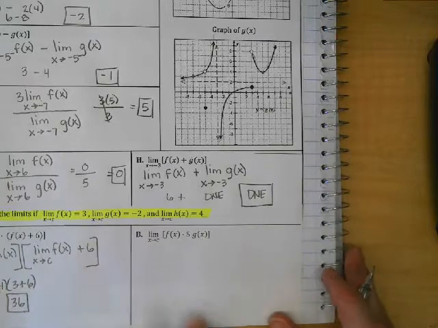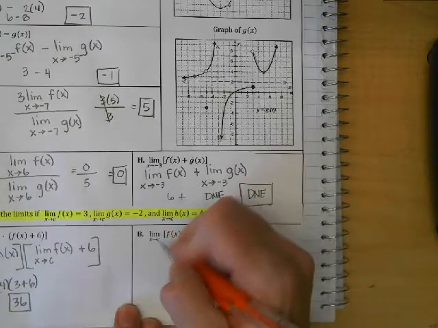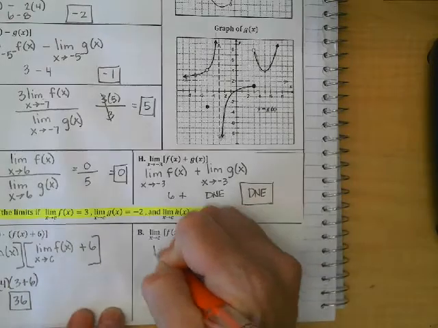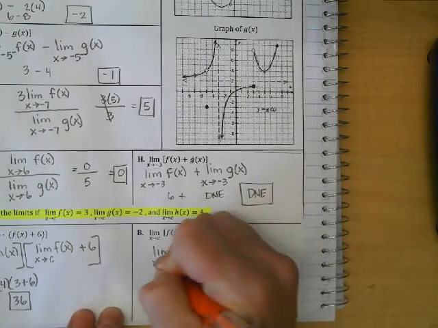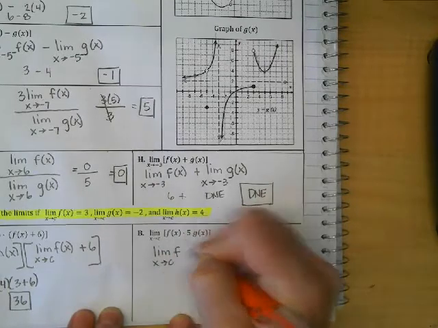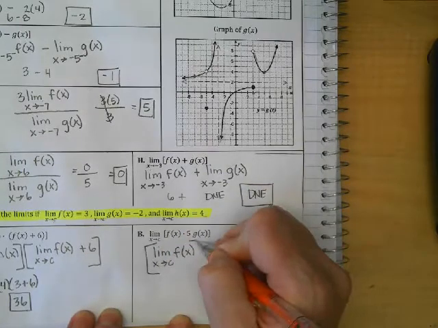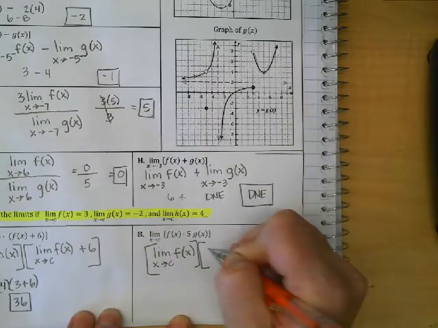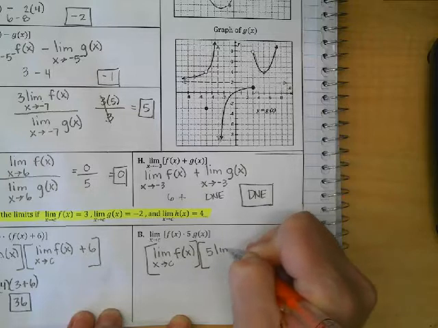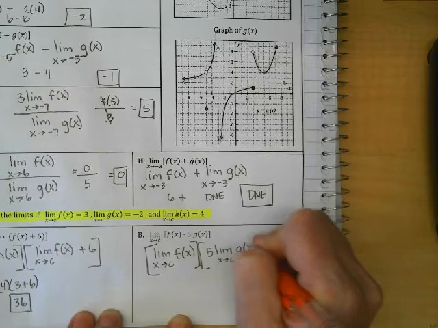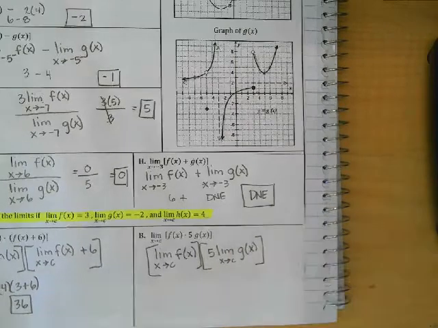All right, over here we have, well, actually, try this one on your own and see what you get. Pause the video and then come back and see if you got it right. Okay, so I'm going to take the limit as x approaches c of f of x times 5 times the limit as x approaches c of g of x.